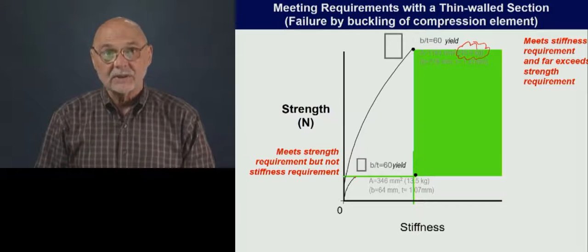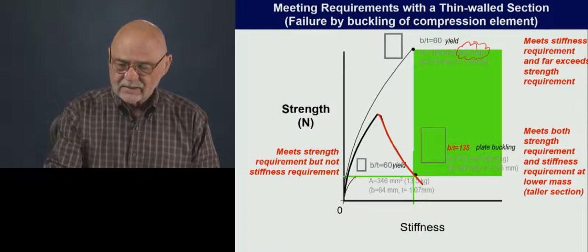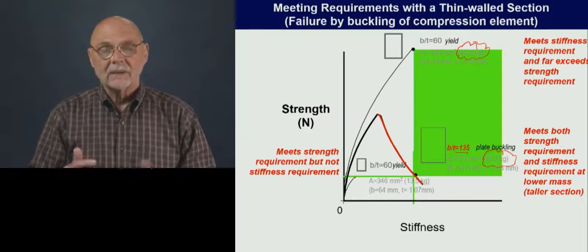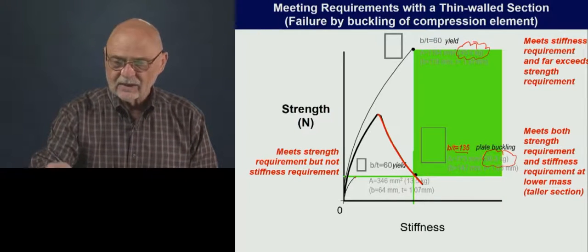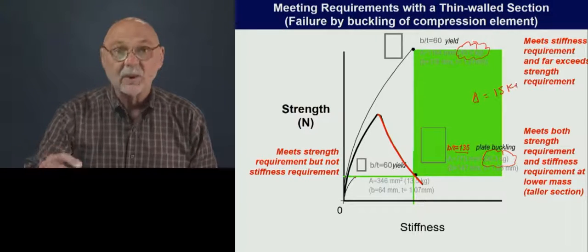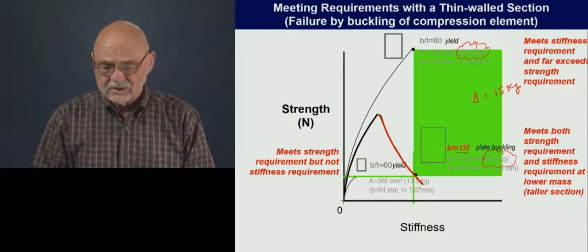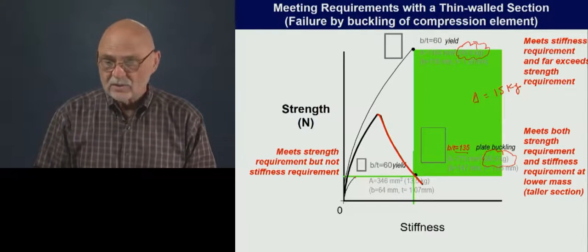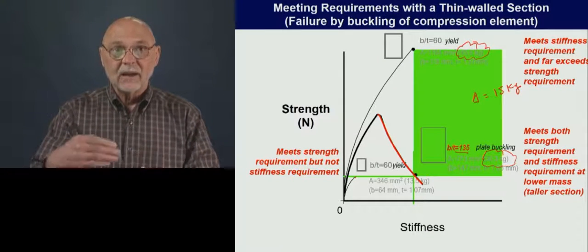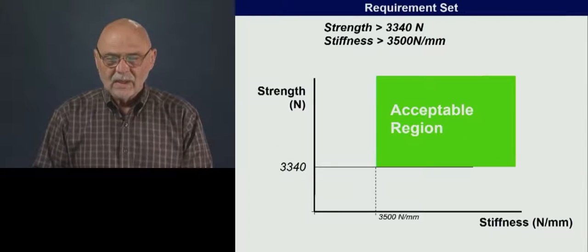That's 45.6 kilograms, the first viable design, and then the one that failed by plate buckling was 30 kilograms. So the delta there in mass is something like 15 kilograms. Quite a difference between the two. And all we're doing is reshaping the section, matching the performance of the section to the combined stiffness and strength requirements that we're looking at.